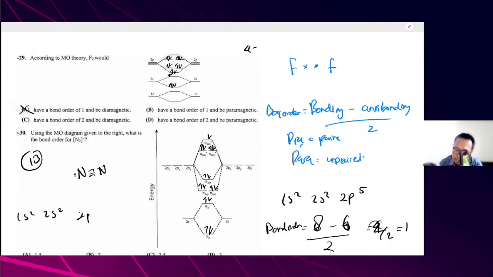It has a minus. It'll be a radical in this part. That's interesting. Bond order. So the content is the same.